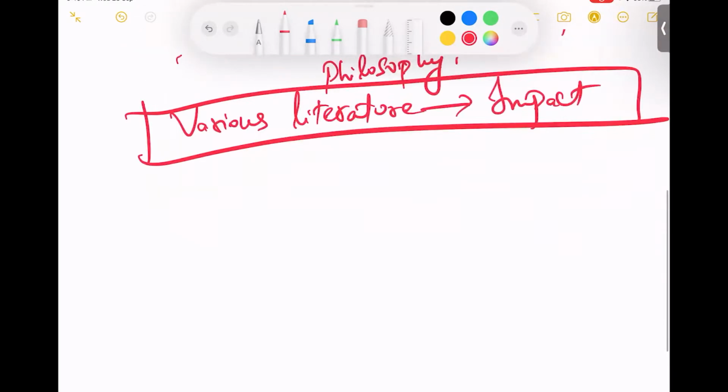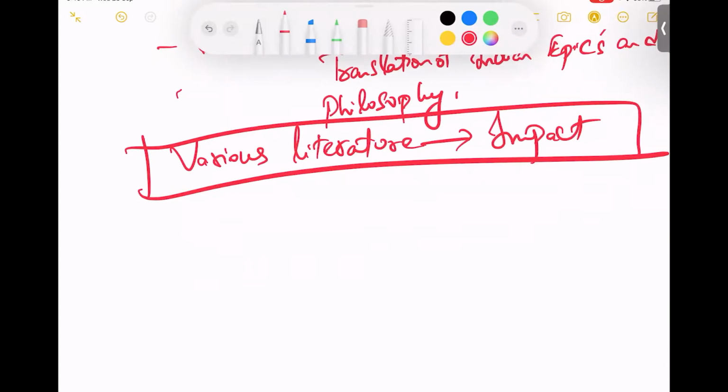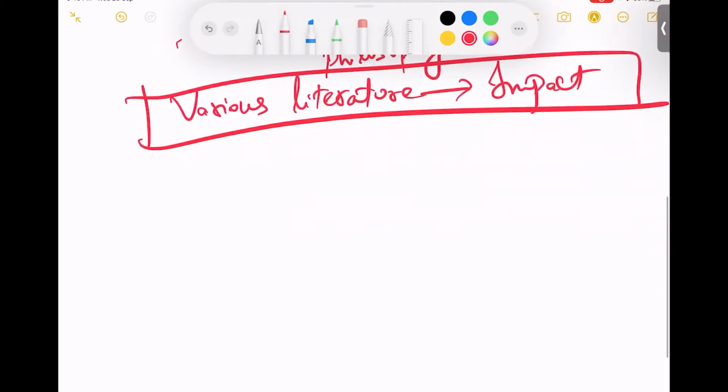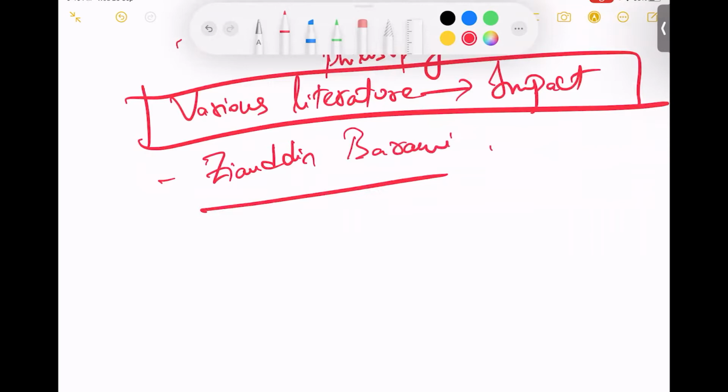Here, first you can write about, during Delhi Sultanate, who was the prominent poet. It was Ziauddin Barani. This fellow has written a famous book called Tarikh-i-Firoz Shahi.